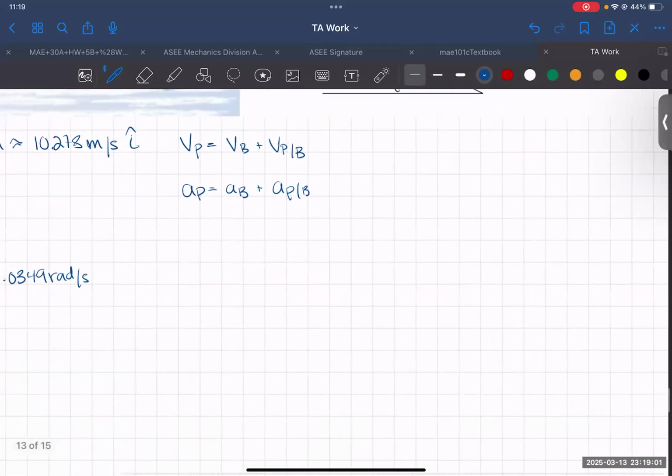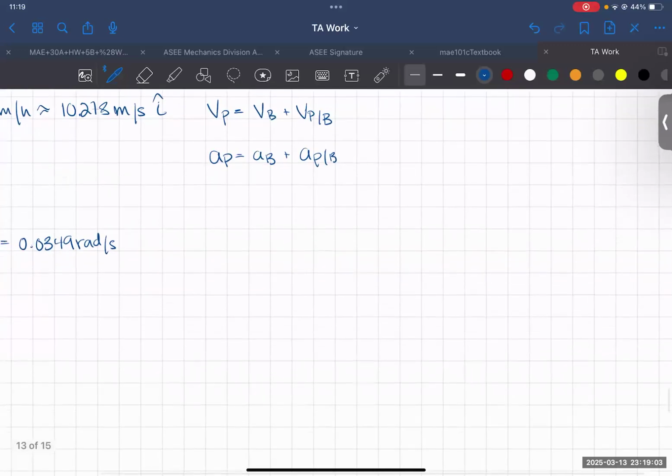Now using radial and transverse components, velocity equals R dot times UR plus R theta dot times U theta.